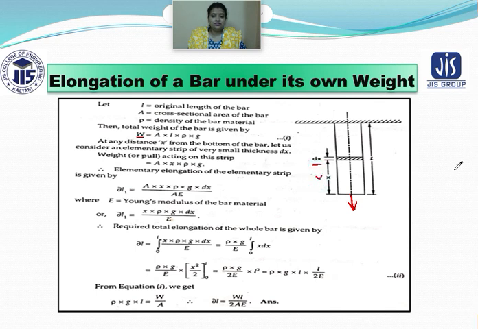So at a distance of x you consider a strip of thickness dx, and then you have to find out the change in length for your entire object of length L.